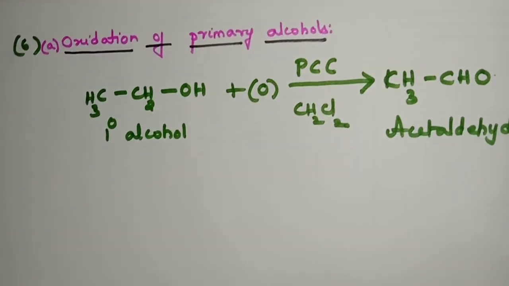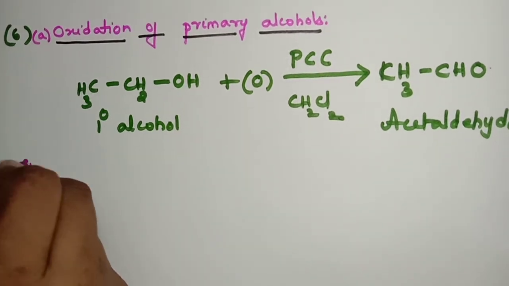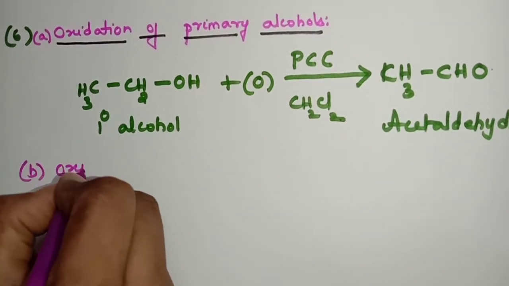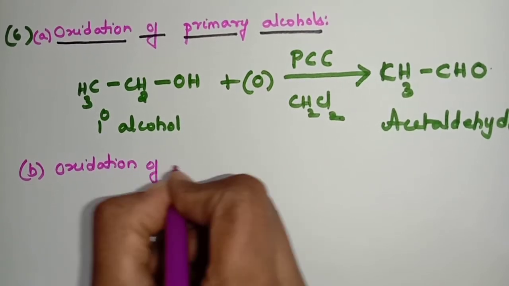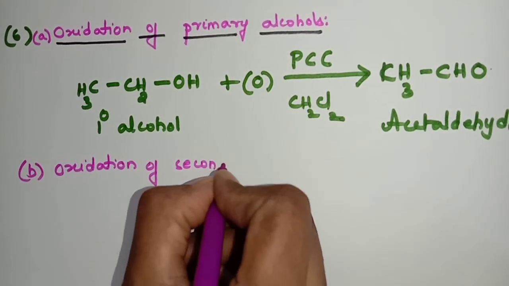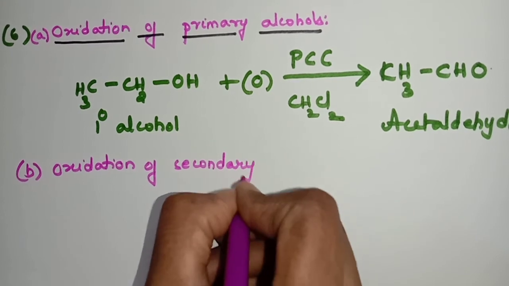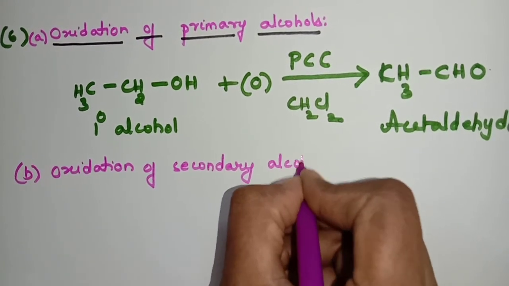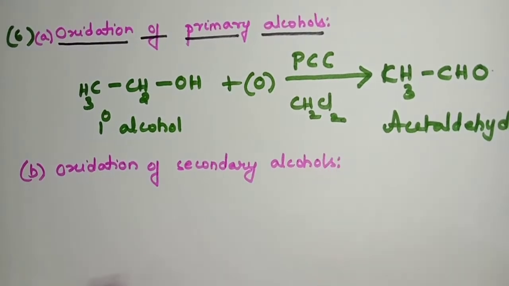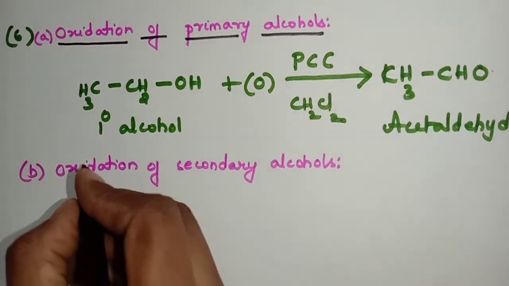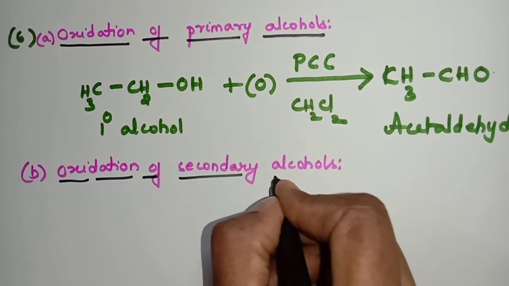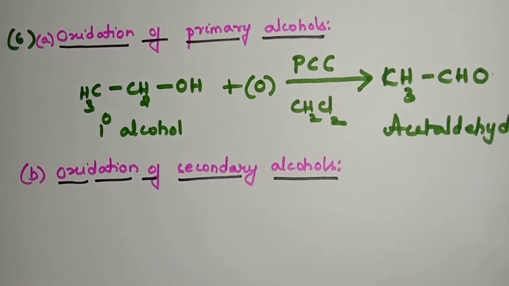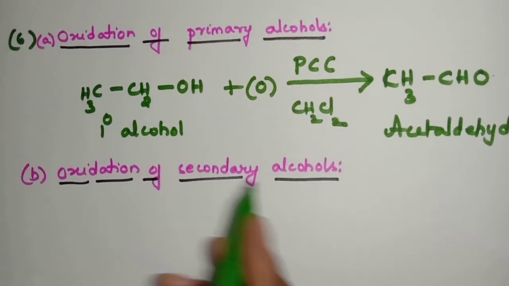Next, how to prepare ketones? By the oxidation of secondary alcohols. So remember, taking primary alcohols, we can synthesize aldehydes. Taking secondary alcohols, we can synthesize ketones.